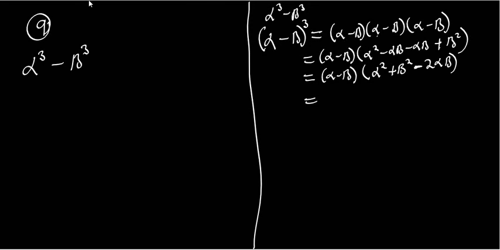So alpha times alpha squared, so it is alpha cubed there. Alpha times beta, so there it is alpha beta squared. Then alpha times this one, it is 2 alpha squared beta.